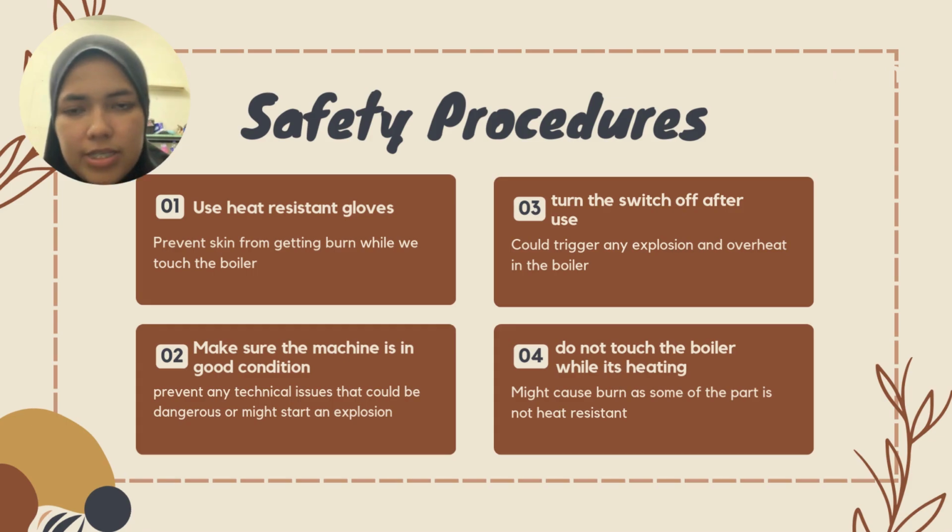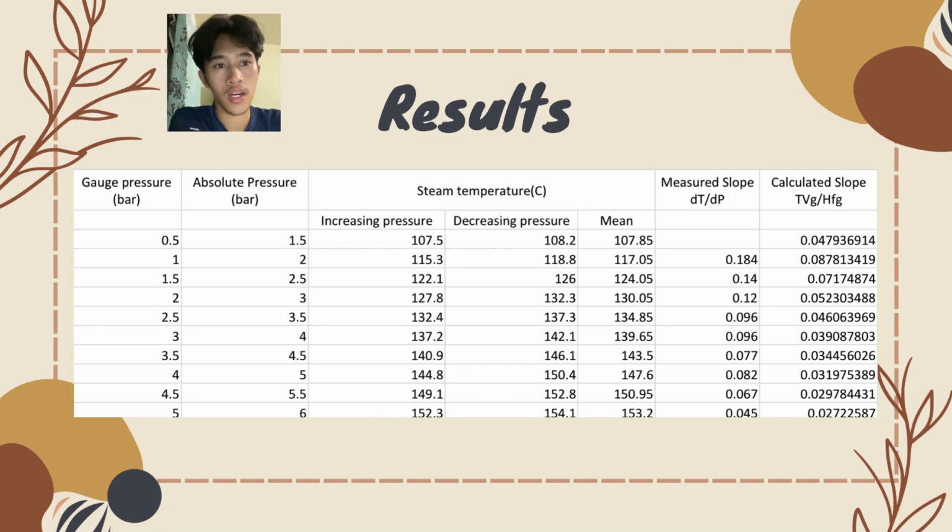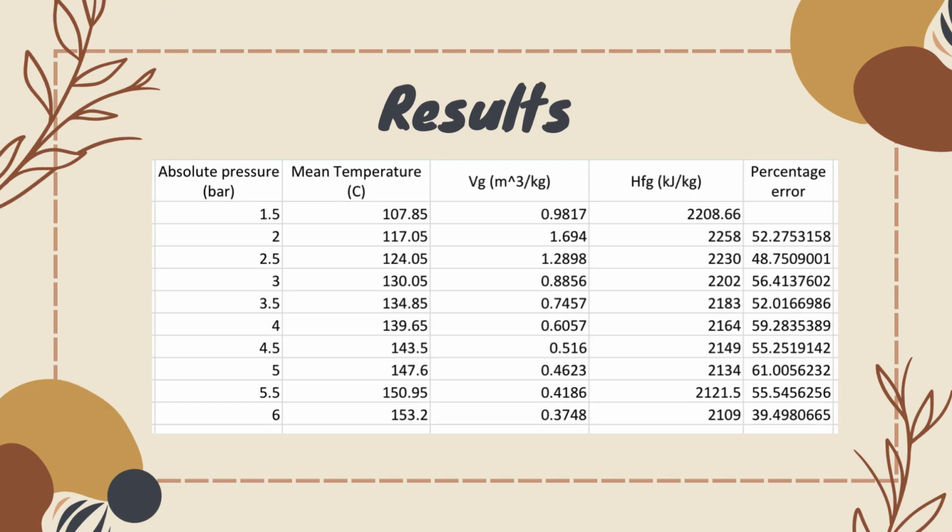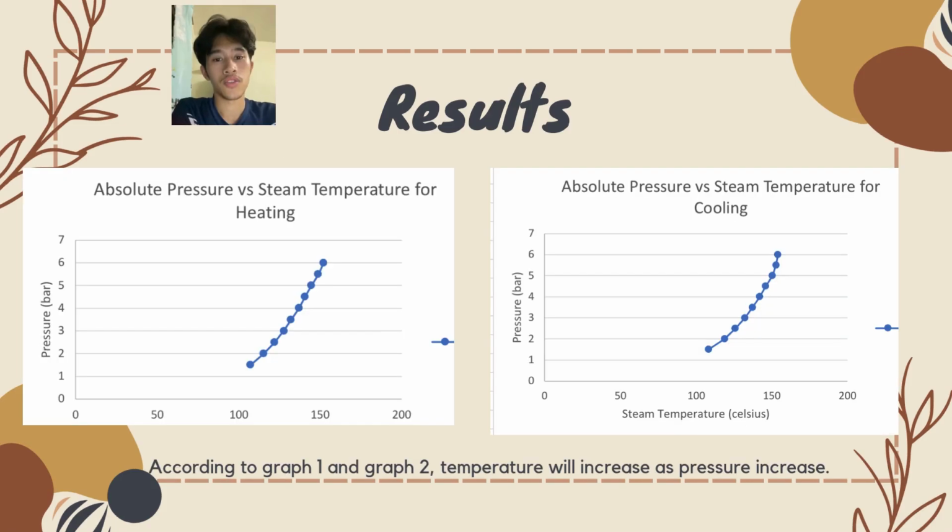These are the result tables that we obtained by doing this experiment. So this is the graph that we obtained from the data that we get by doing this experiment. So from the first graph and second graph, we can see that the temperature will increase as pressure increases.